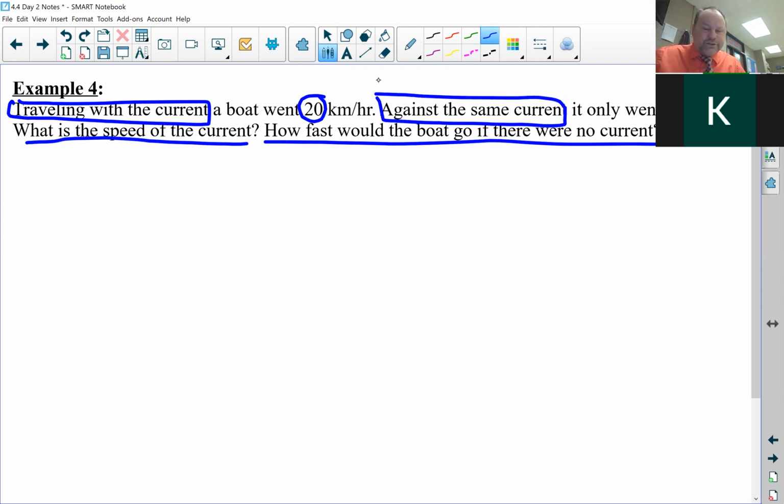And write our equations. So we're trying to find 2 things. We're trying to find the speed of the current, and we're trying to find the speed of the boat.